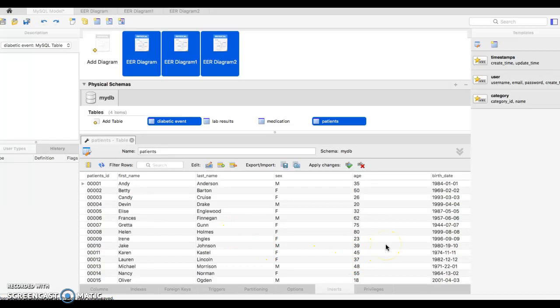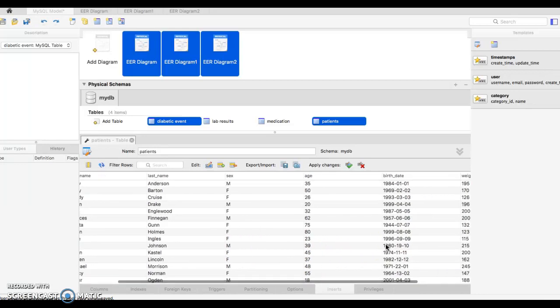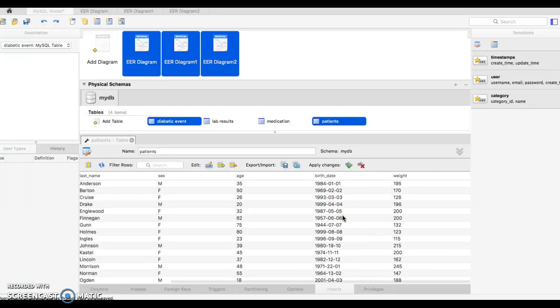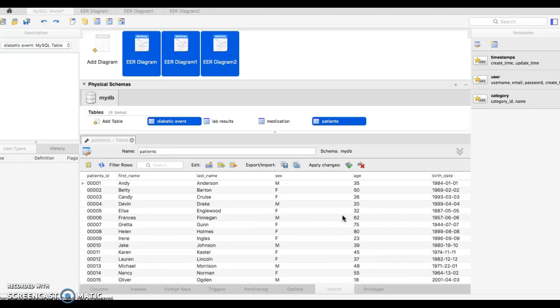I generated random names. I split between the sexes, so 10 males, 10 females, all in random ages, their birth dates, and their weight. I based weight to be relatively in terms of average weight for males and females, but like every human being that you meet, not everyone meets the standard criteria.